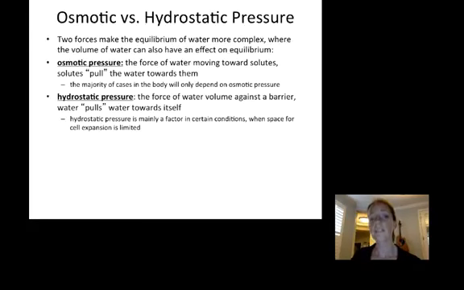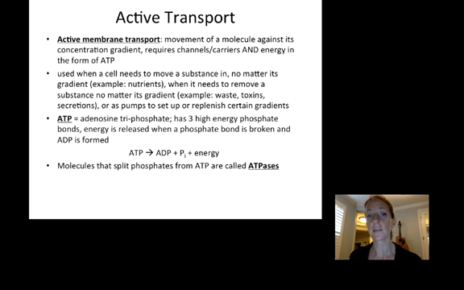So hydrostatic is mainly a factor in certain conditions when, say, space for cell expansion is limited, or in the case of, for example, blood pressure coming into tiny capillaries, where the amount of blood pressure pushing on water against a barrier can create different gradients.